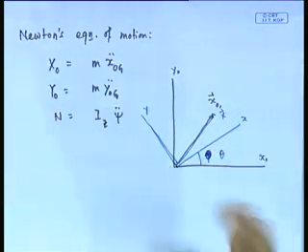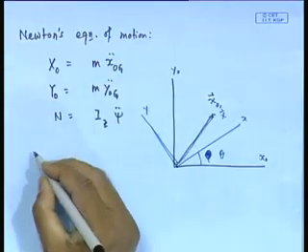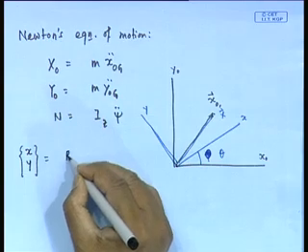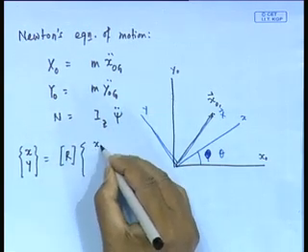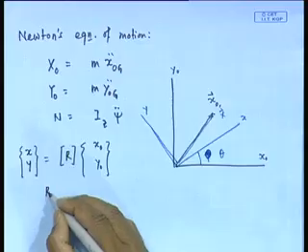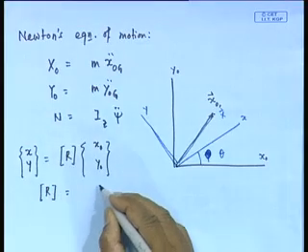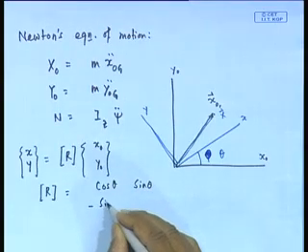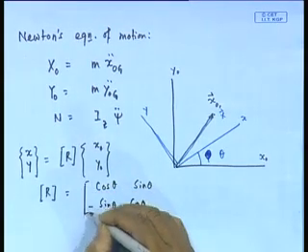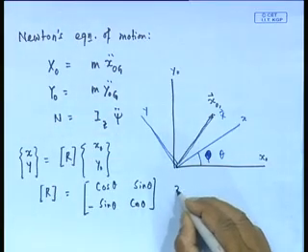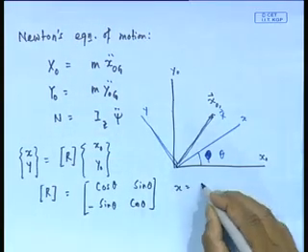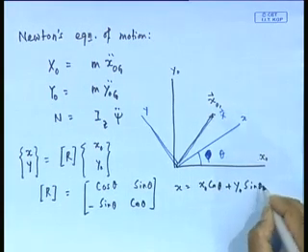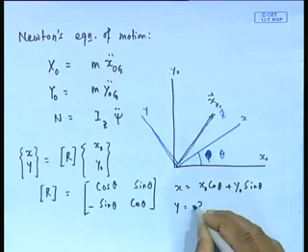is the coordinate transformation. That is essentially what I am saying, that by coordinate transformation we know that x and y, in fact, if you look at that, you will find essentially x equals x0 cos theta plus y0 sin theta, and y equals minus x0 sin theta plus y0 cos theta.